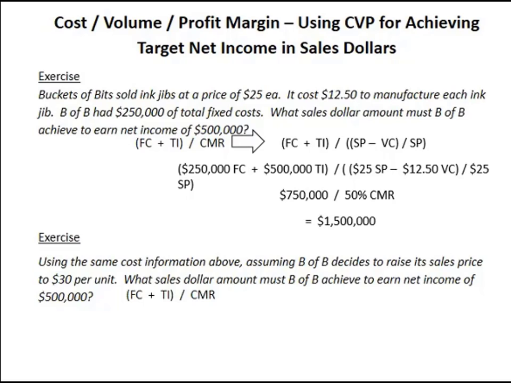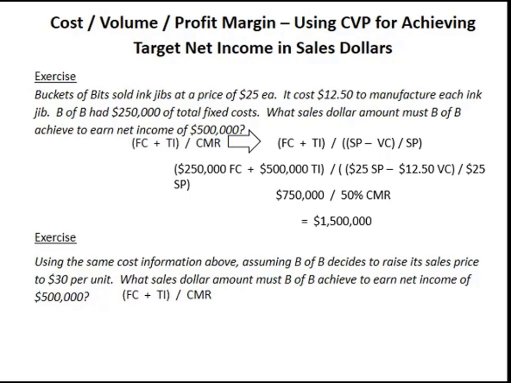So what is our sales level that we're going to have to achieve in order to earn the $500,000 net profit? Okay, again, we create all the variables for the formula like we've done before.